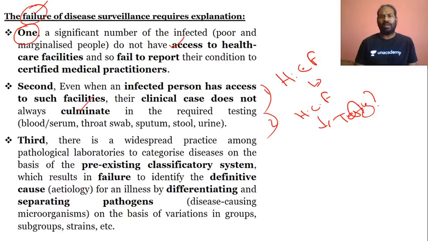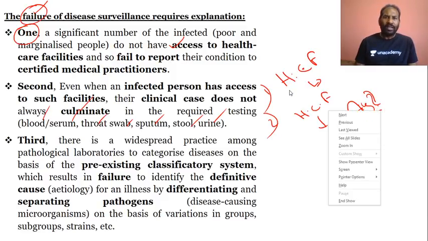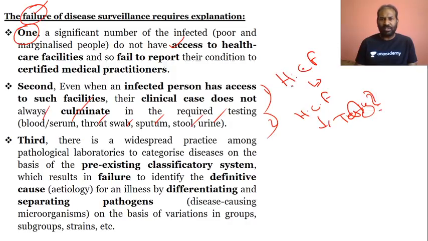When a person has any disease, they have to be tested for blood, serum, throat swab, sputum, stool, or urine. These kinds of testing are not abundant, or they are very minimal. The infected person has access to the healthcare facility, but the point is, what about the testing?